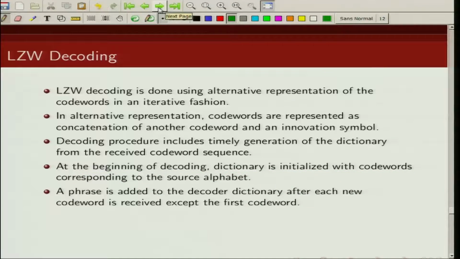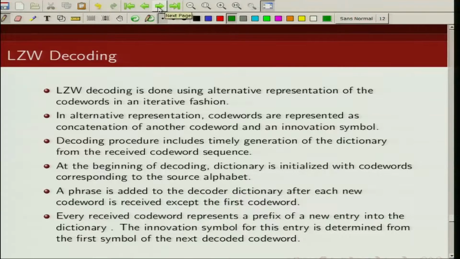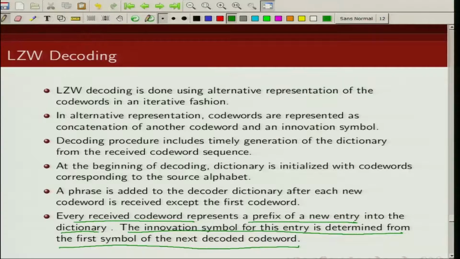In this example, a phrase is added to the decoder dictionary after each new code word is received except the first code word. So you will see that we are going to add new phrases into the dictionary after we decode the sequences, and every received code word represents a prefix of a new entry into the dictionary. The innovation symbol for this entry is determined from the first symbol of the next decoded code word.